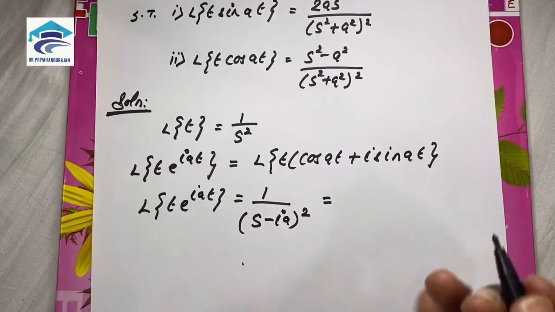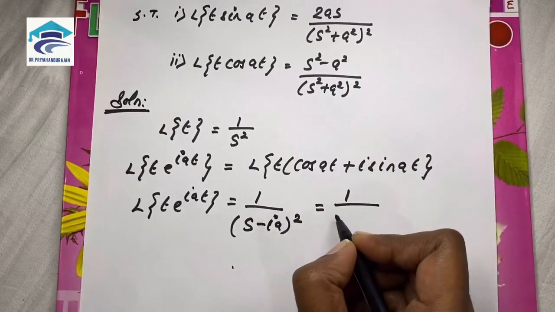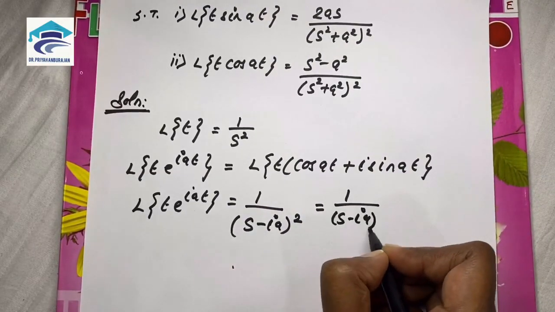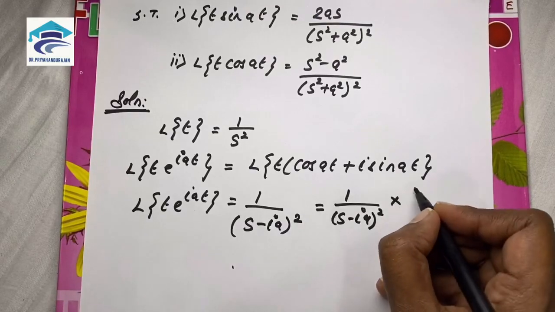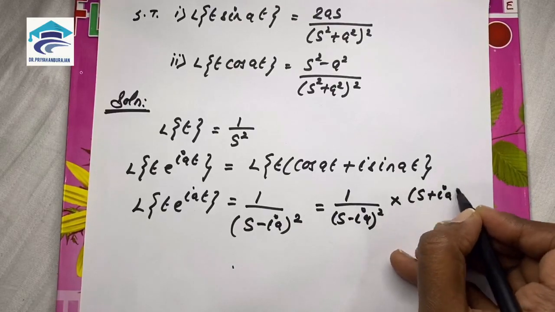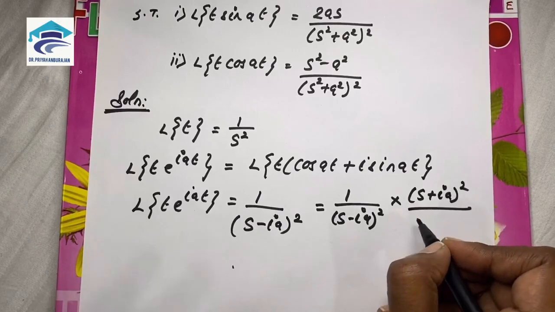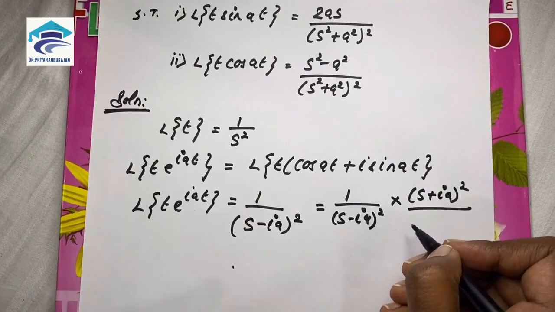So how to separate the real and imaginary part? We can multiply and divide by s plus ia, so that we can avoid i in the denominator.